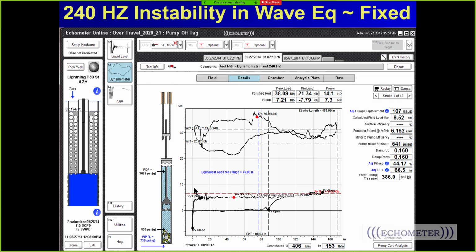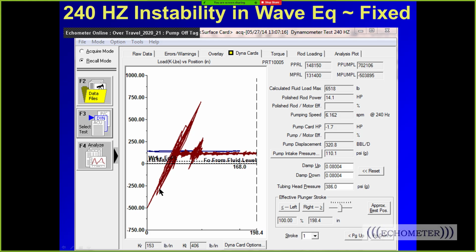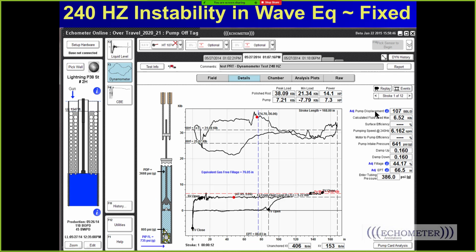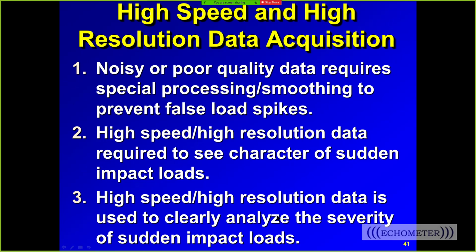We wanted to see this pump off tag, when the incomplete pump fillage caused the plunger to move down in the barrel and hit. If we were sampling slow, it's hard to see. If we sampled fast, then we could see the actual tag. But in TWM we couldn't see it at all, because the wave equation is not stable for that well depth and 240 samples a second.